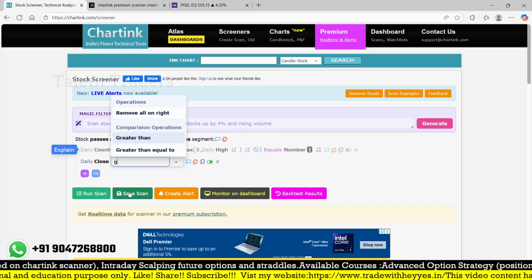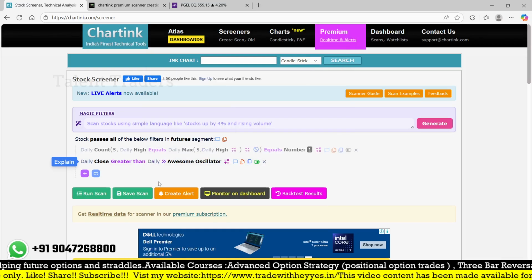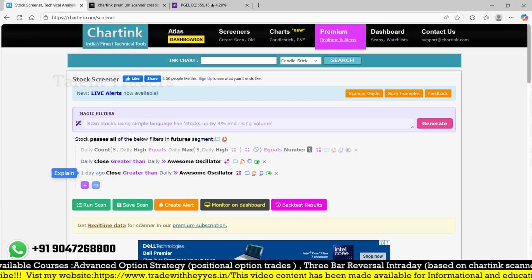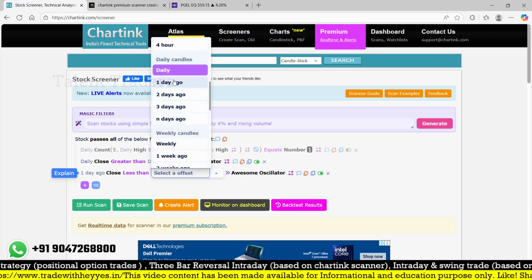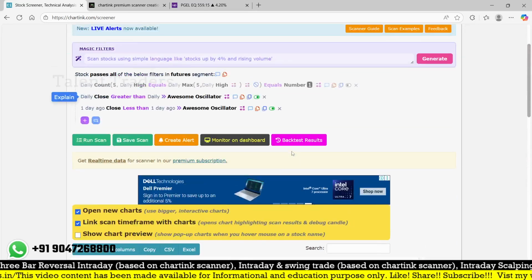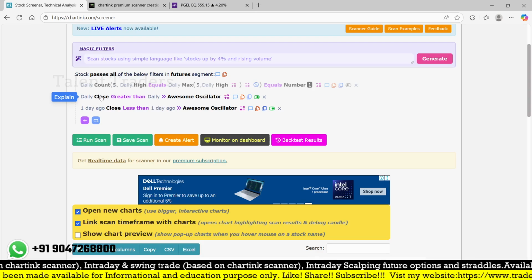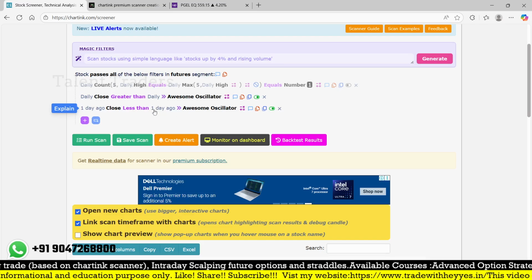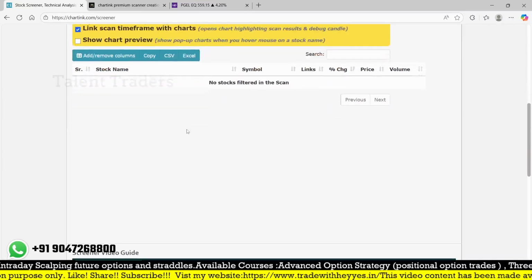Here, for example, the Awesome oscillator is not available by default, but we have created it. Today's close must be greater than, and I'm just following 1 day ago close must be less than the Awesome oscillator. So this will find the stocks whose today's close is greater than, instead of that, 1 day ago close is less than the Awesome oscillator.